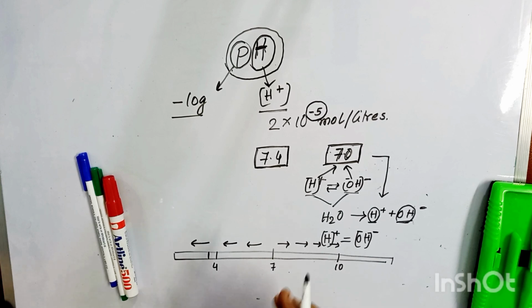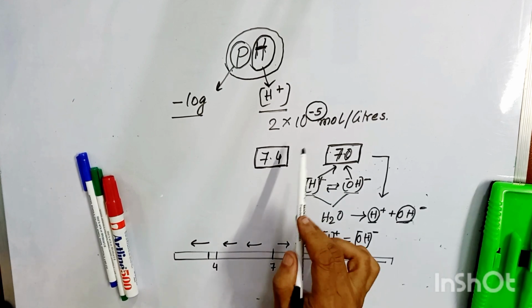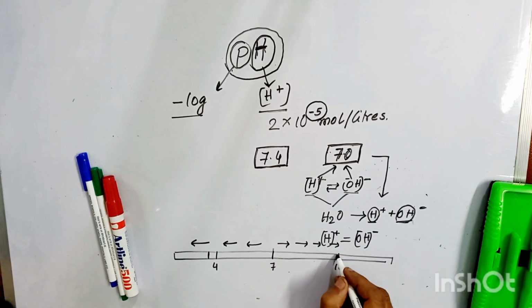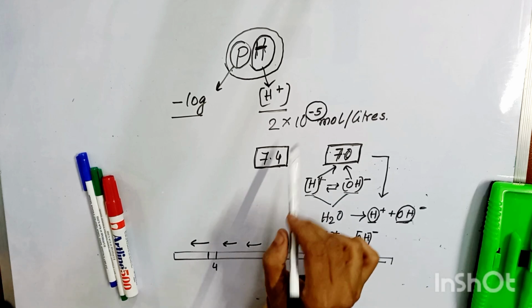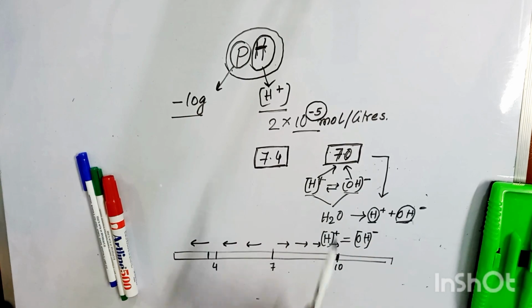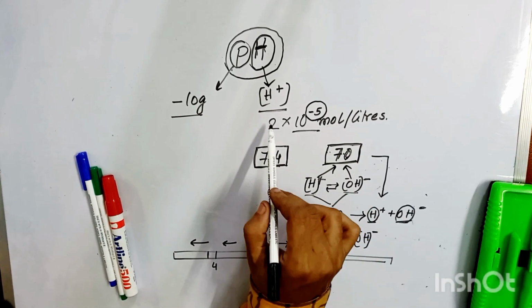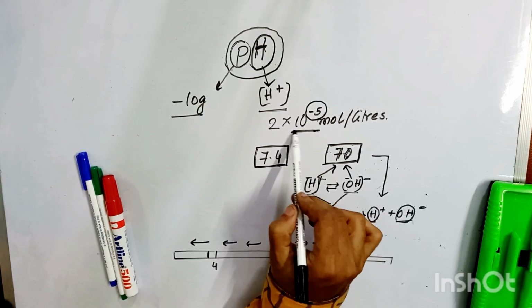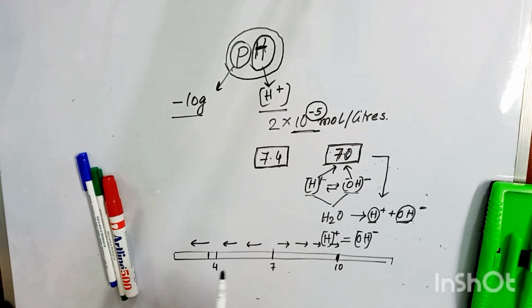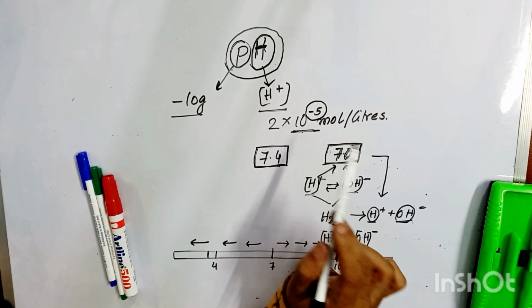If it is 7, it is here. If it is 10 to the power minus 10, it is here. A hydrogen ion concentration, obviously in moles per liter, in the order of 10 to the power minus 4 is much stronger than one at 10 to the power minus 10.